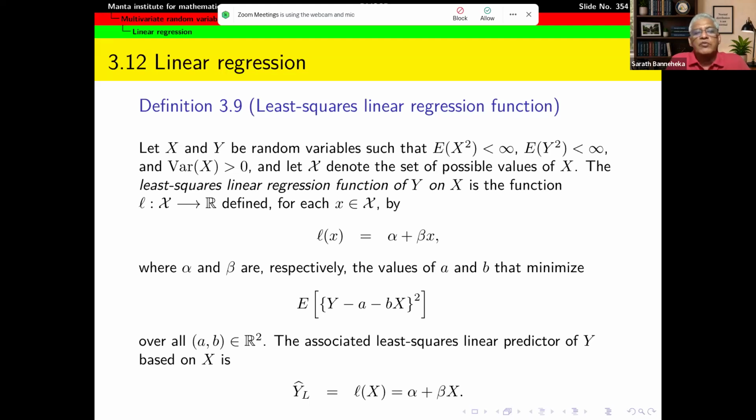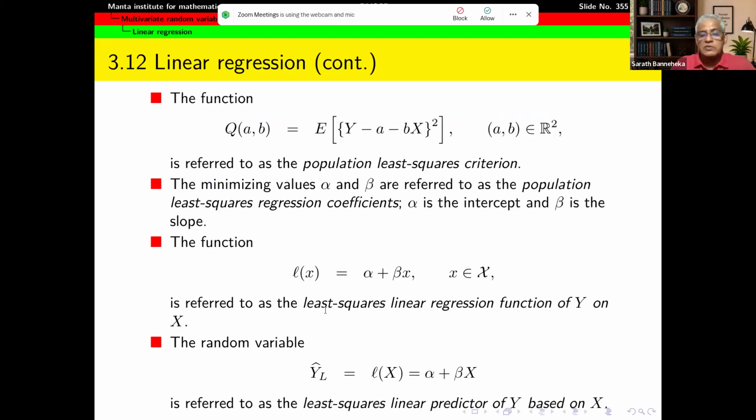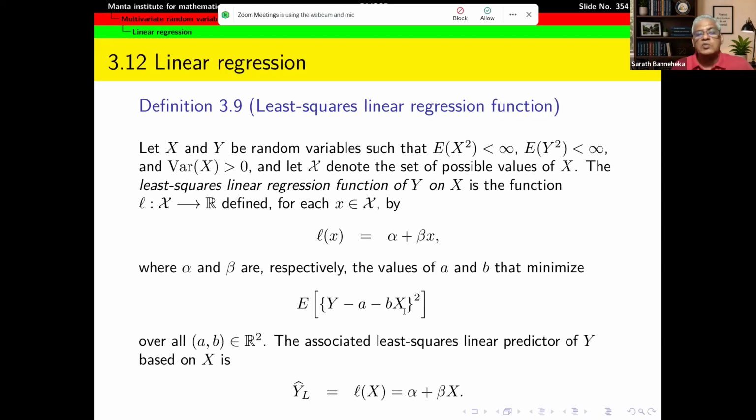defined so that L of x is equal to alpha plus beta x for x in the curly X, where alpha and beta are respectively the values of A and B that minimize this expectation: the expected value of (Y minus A minus bX) squared.